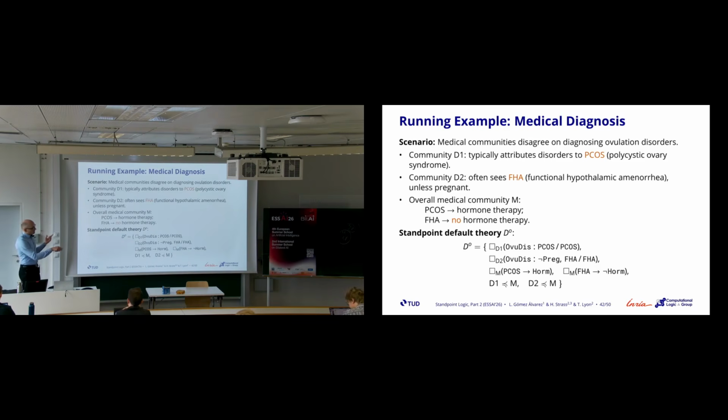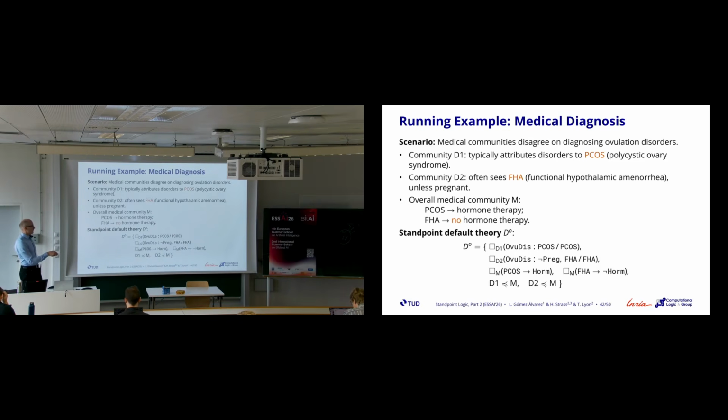So we have these diagnostic defaults here, and diagnostic means we reason from symptoms to underlying causes, right? And so basically this default says if we know that the patient has ovulation disorders and it's consistent to assume that they have PCOS, then we can conclude they have PCOS, right? And consistent to assume means we do not already know they don't have it. Right?